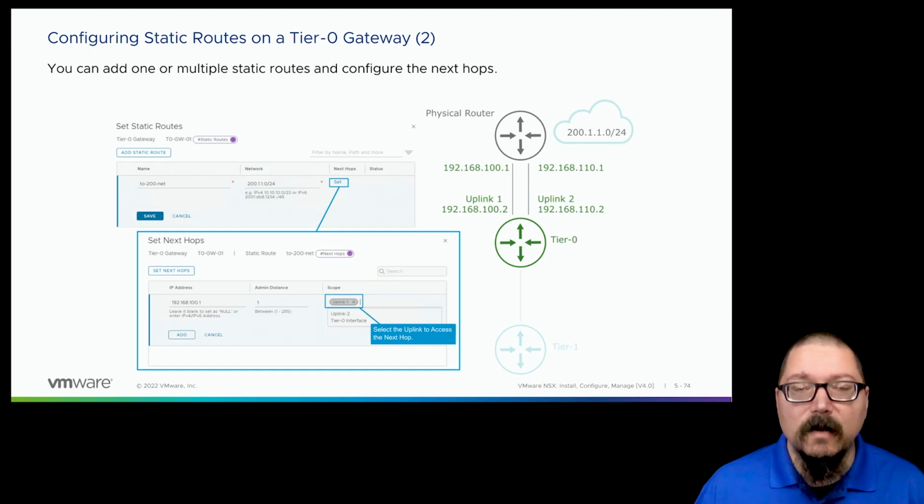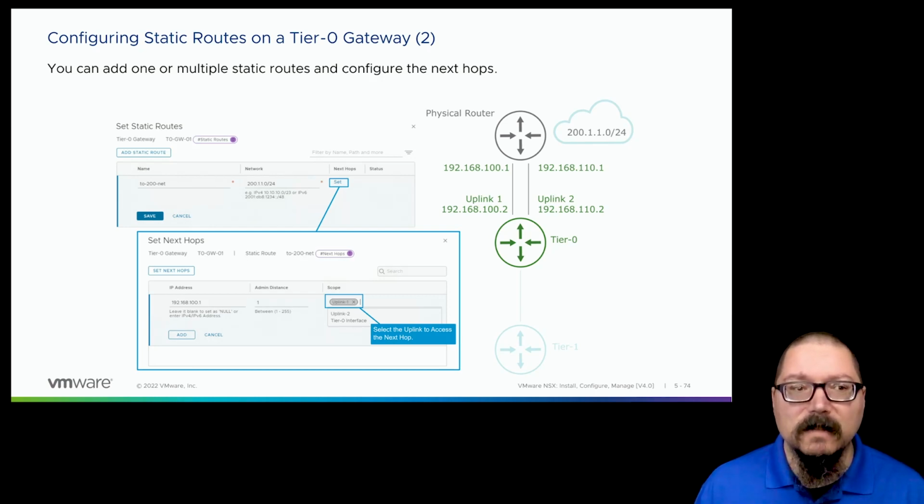Now, when we go to configure a static route, we need to define the network. So actually, before we define the network, we need to give the route a name, because this is just another object in NSX, just like we have seen over and over again. So we'll need to give that object a name and define the network, the prefix that we're trying to get to. And then we can set one or more next hops.